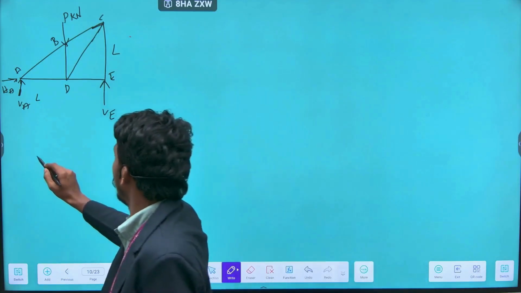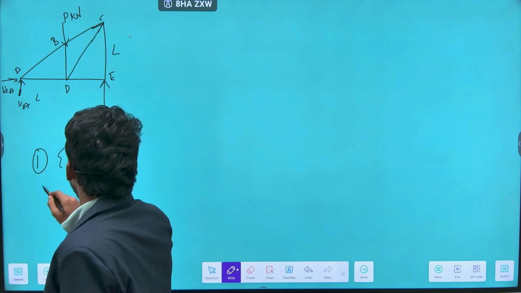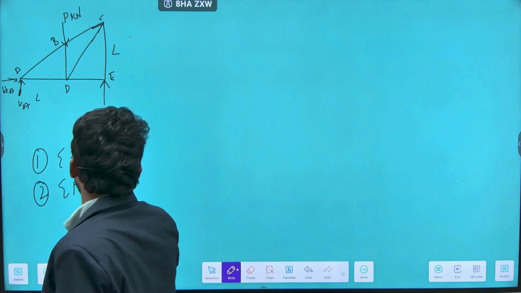One is summation of forces in x direction is 0. The other is summation of forces in y direction is 0.